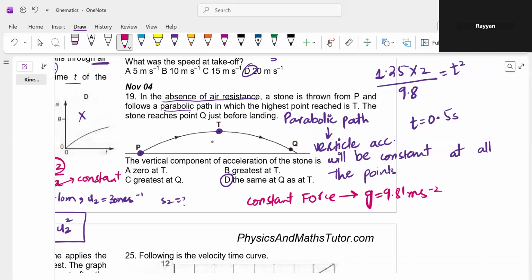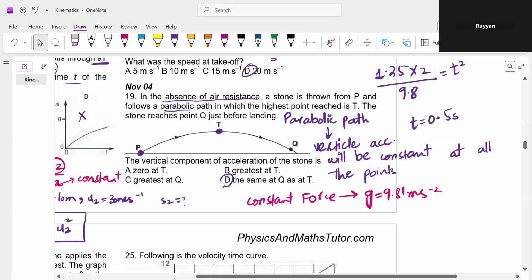I'm not saying that these are two different things, but the only difference over here in this question is that we are discussing it in the absence of air resistance. That is why we have chosen this option. Otherwise, just like in projectile motion, we have discussed that the horizontal component remains constant. Parabolic and projectile motion are the same. I am just telling you over here that in these options you cannot say it will be zero at T, because we consider that the vertical acceleration will be constant at all the points.